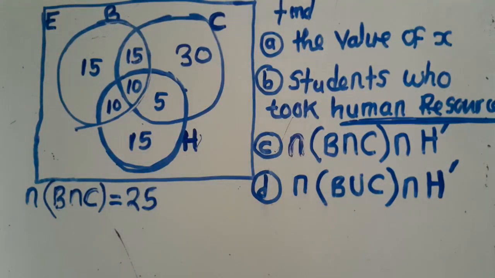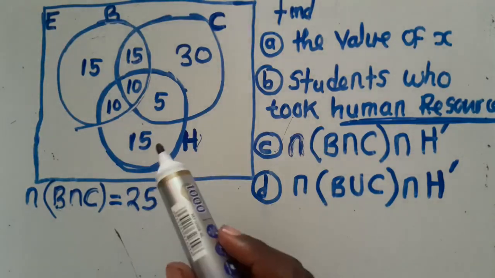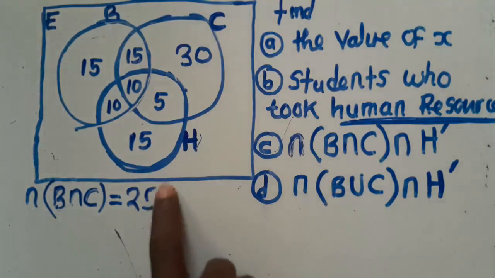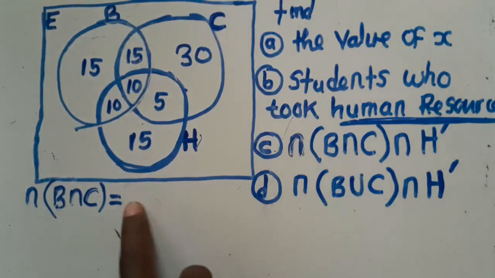So that is a 25. We found that this one is 25. Maybe this way someone may not understand, so I'll interpret it in this way so that you understand.